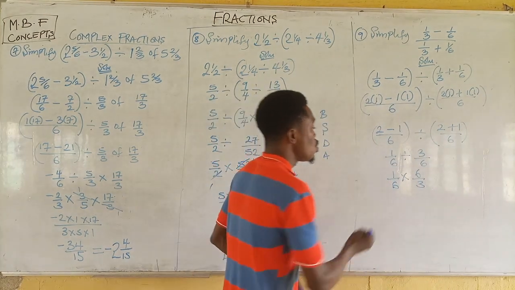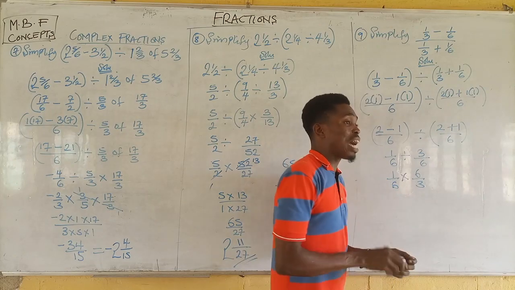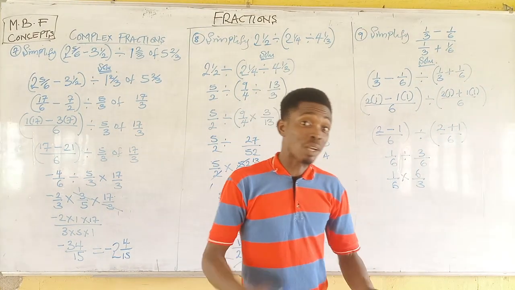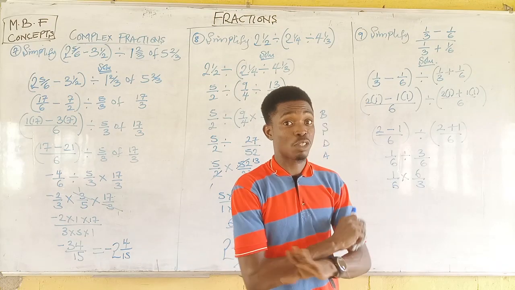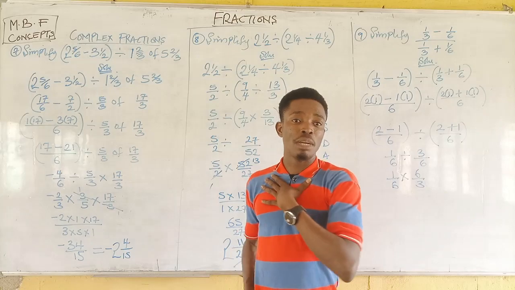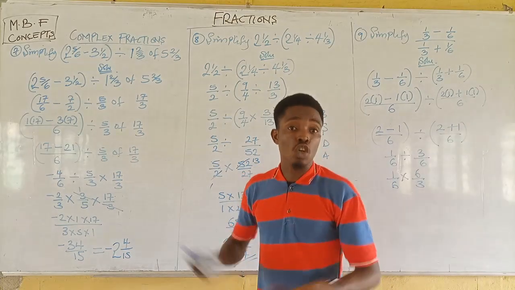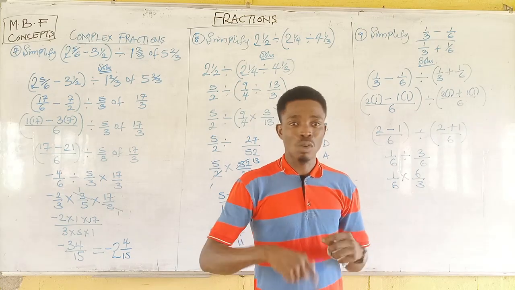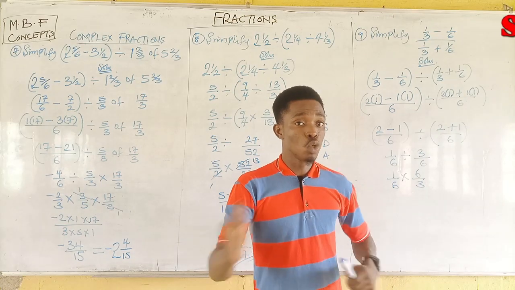Now the next thing we do is to find out what sign we have between these 2 fractions. Now we have multiplication. When you have multiplication between 2 fractions, you don't find LCM. All you need to do is either multiply all the numerators and multiply all the denominators, or look out for how you can use the diagonal division rule to reduce the fractions.